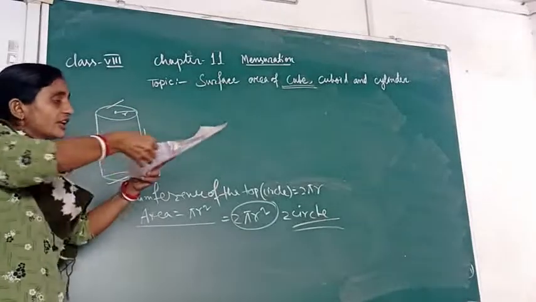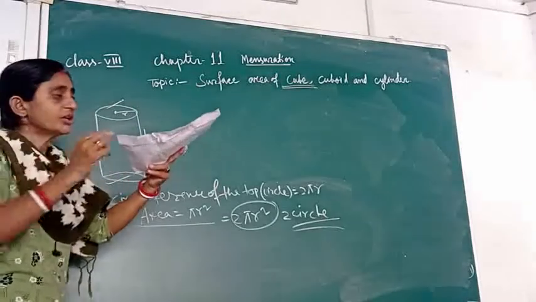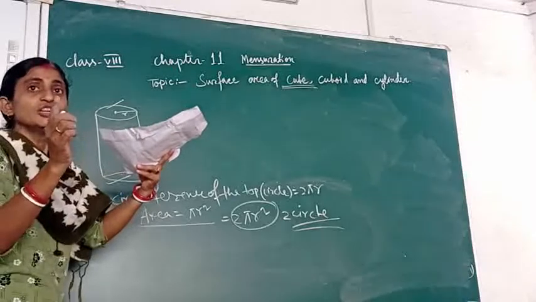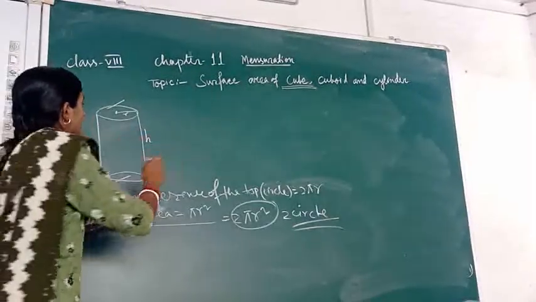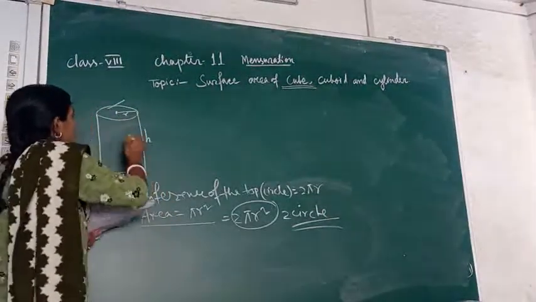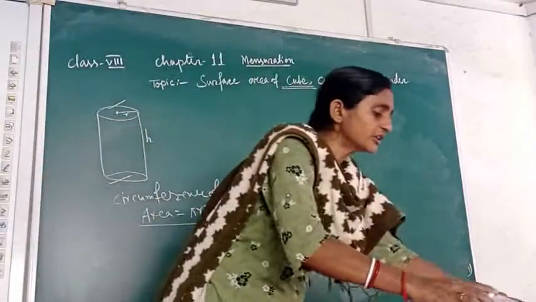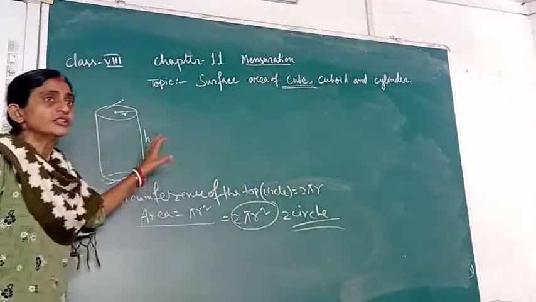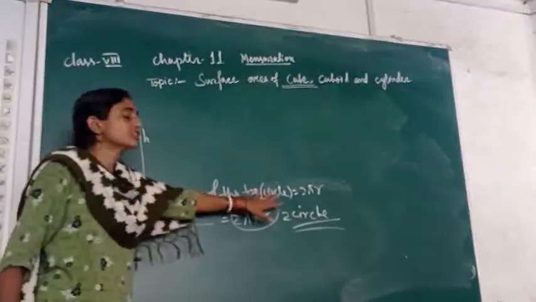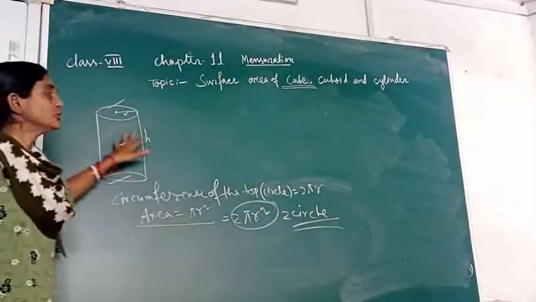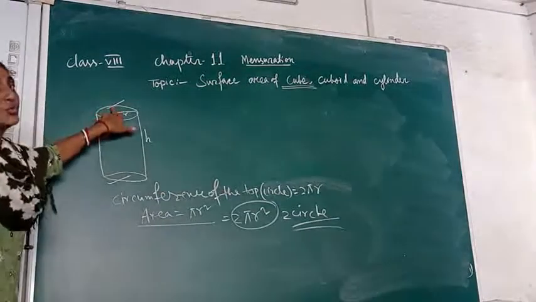So the length of this rectangle will be equal to the circumference of this circle. So the length when I open this cylinder is 2 pi r, the circumference of this circle we had.